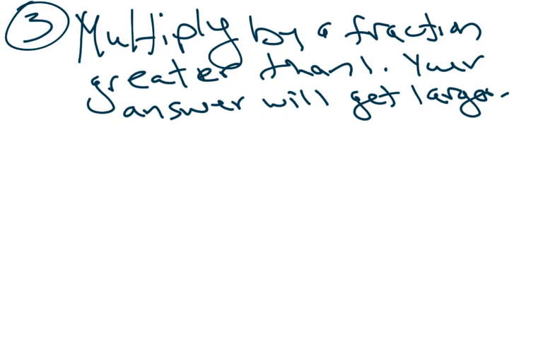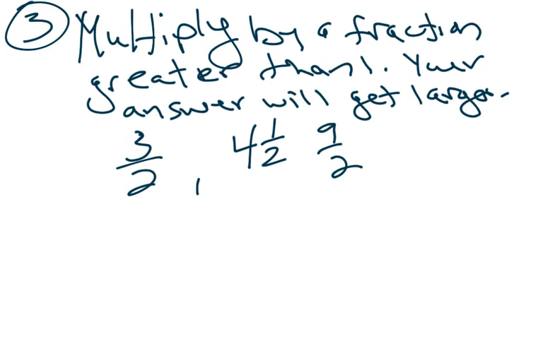When we say fractions greater than 1, we're talking improper fractions. So it might be something like 3 over 2, okay? It could end up being 4.5, right? And then you have to turn it improper, so that would end up being 9 over 2. It could end up being 5 over 1, okay? Any fraction greater than 1, okay?